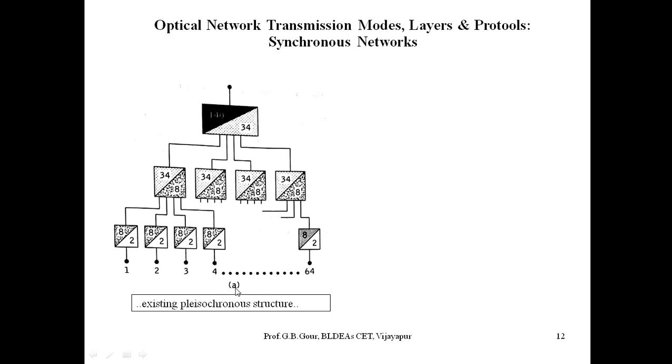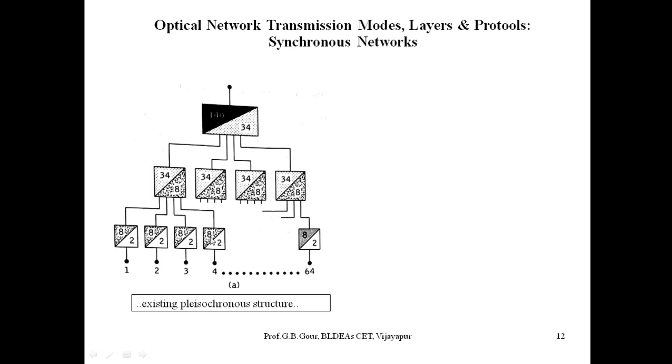But while doing so, the problem is that when you join 2 Mbps PCM frame systems, combining 4 of them to give 8 Mbps, they are not going to arrive at the same time. Here you are getting 8 Mbps with the help of 4 2 Mbps.